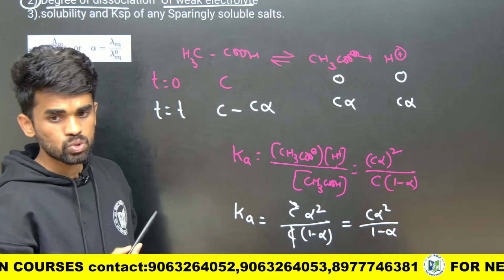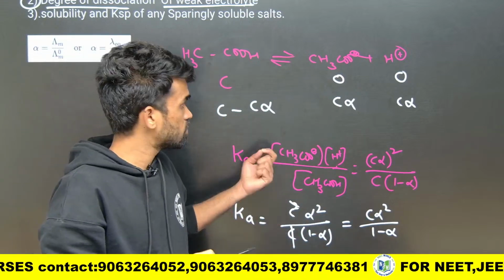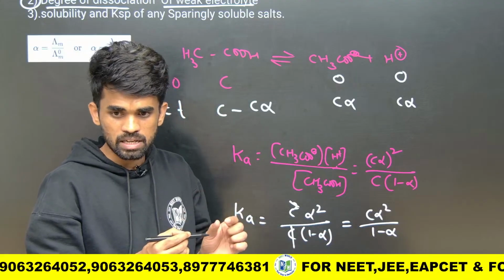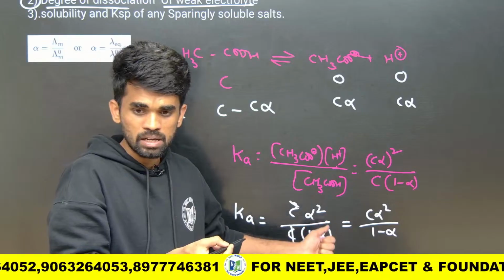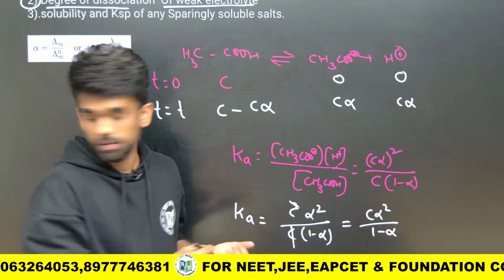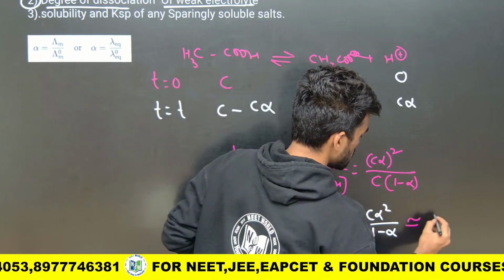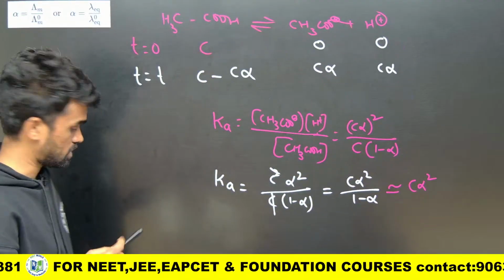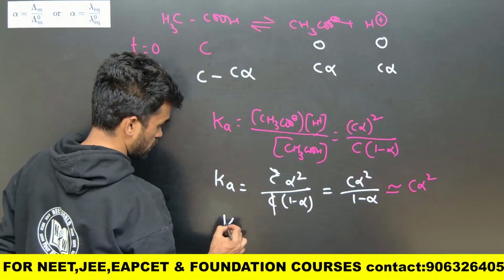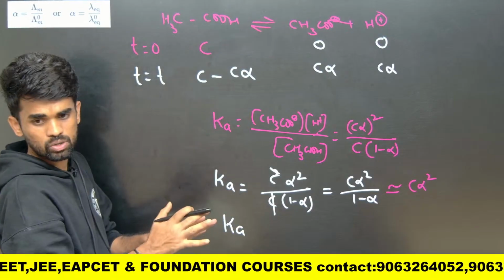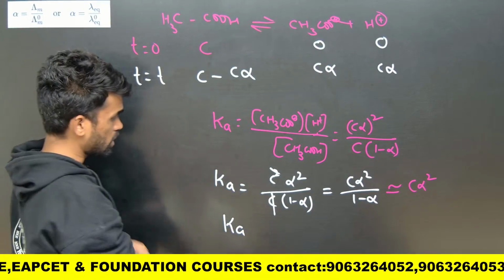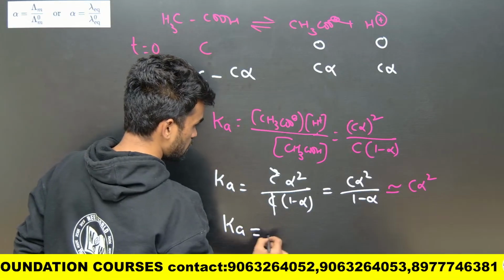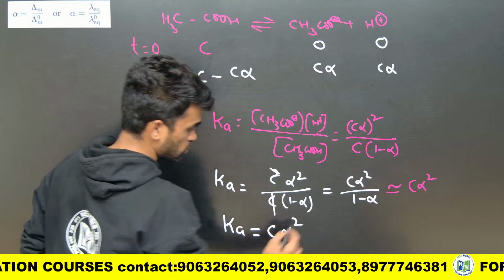If the degree of dissociation is very small for this weak electrolyte, what happens to the alpha value? Very small, so it is almost negligible when compared with 1. Therefore it becomes Ka equals C alpha square. This is applicable only for weak electrolytes, not for strong ones. This is Ostwald's dilution law.